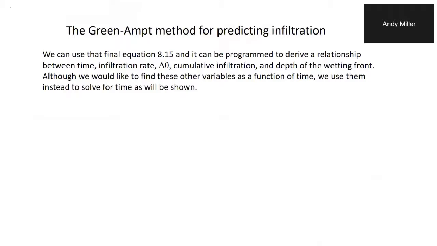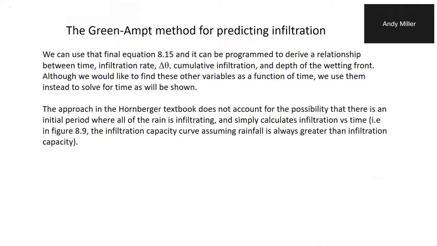So we use those to solve for time, but then we have a relationship that allows us to see how they vary with time. And the approach in the Hornberger textbook does not account for that initial period where all rainfall might be infiltrating. They're only developing a curve that starts with a rain rate high enough to give you those high infiltration rates in real time.